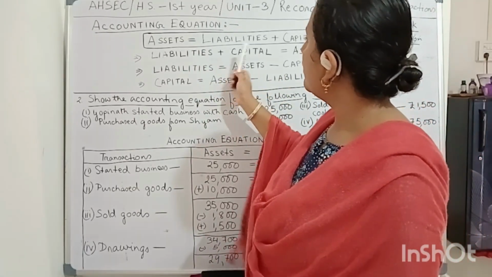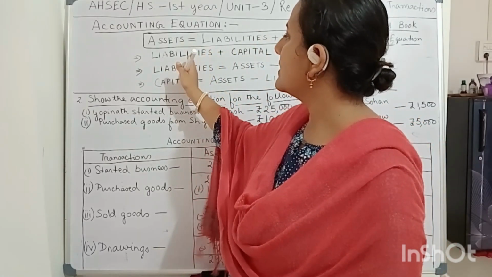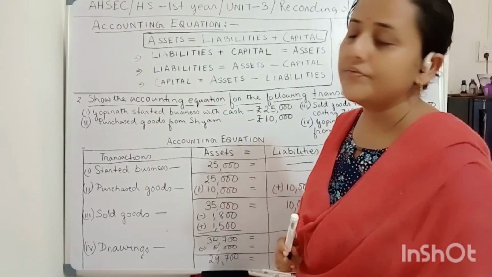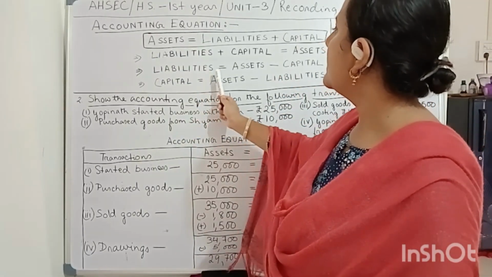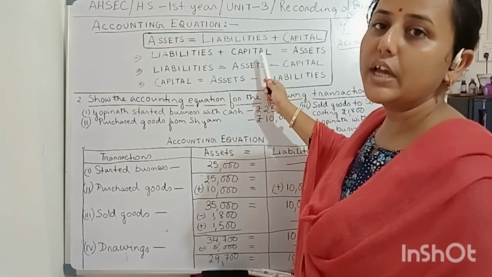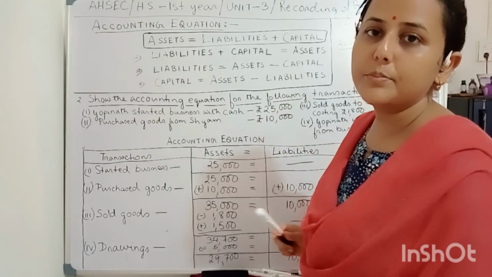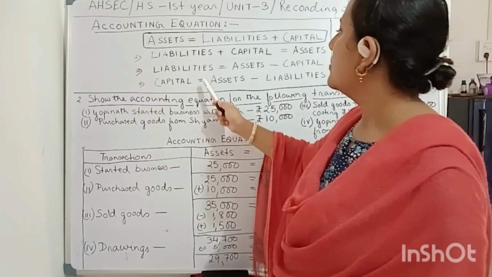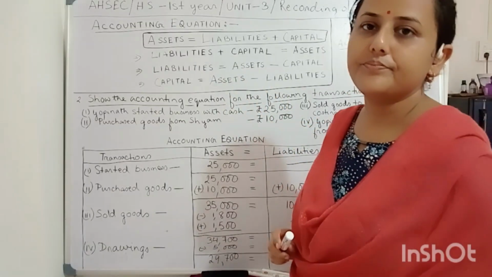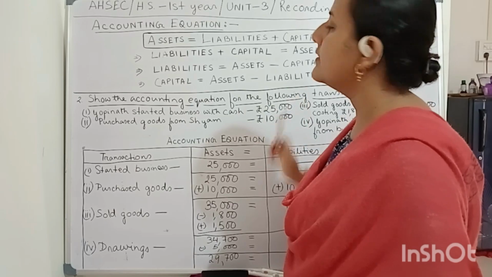Now if you take this part of the equation to this side, liabilities plus capital equals assets. If you write liabilities equals assets, you change the side of the capital, so plus capital will become minus capital. Yes or no? So liabilities equals assets minus capital, and capital equals assets minus liabilities.